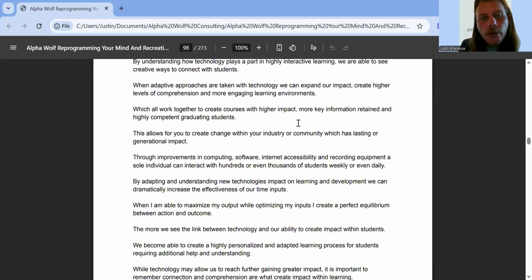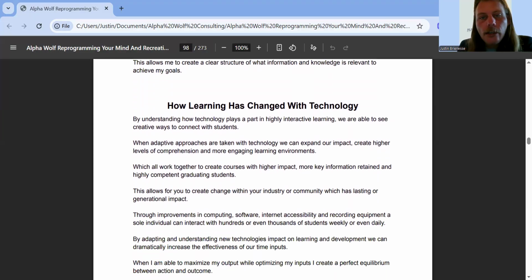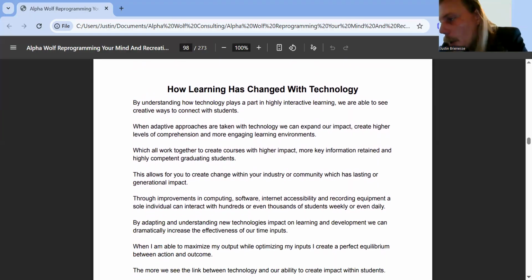And then what we also look at is understanding how learning has changed with technology. So how has technology altered the way in which we learn as individuals? So things like using Zoom, recorded videos, video learning.